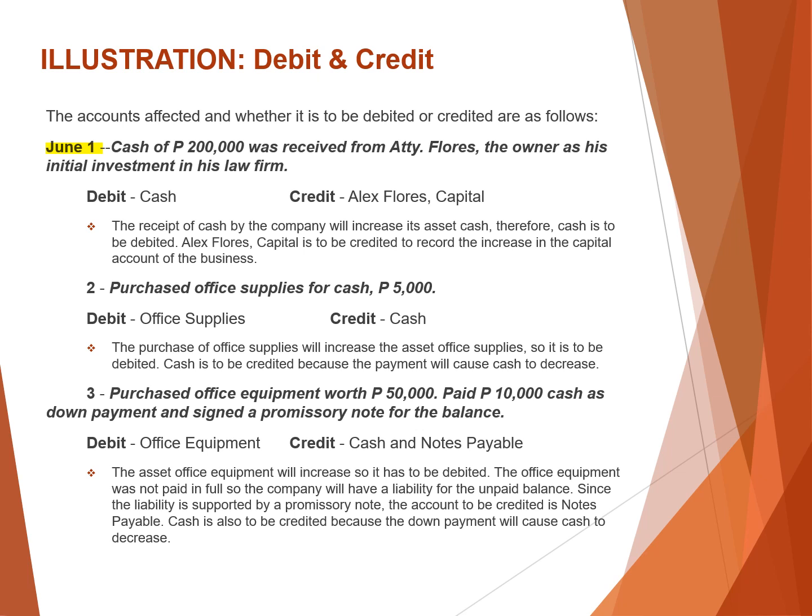If you can recall, we already discussed na when analyzing a transaction, the first step is to analyze what accounts are affected by the transaction. Here you can see that the accounts that are affected are the cash and capital. Okay? Kasi nga, di ba, nag-invest siya ng cash and because of the investment, nagkaroon siya ng capital.